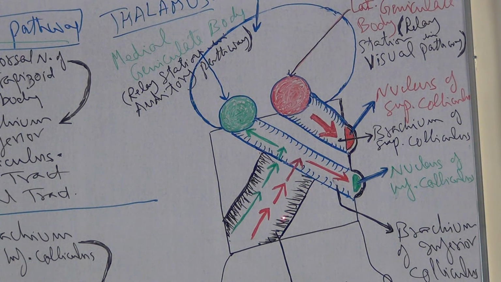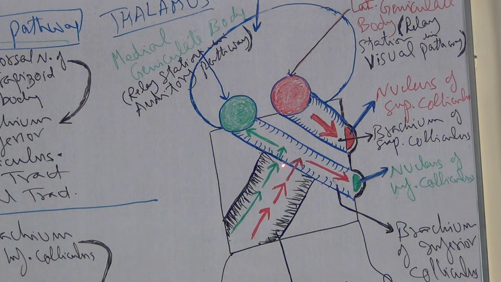Internally, the lateral lemniscus comprises two types of fibers. Number one, the fibers for the auditory pathway, and the other, the fibers for the auditory reflex pathway. These fibers enter the brachium of inferior colliculus. Now what is the internal structure of the brachium of inferior colliculus and how does it differ from the internal structure of the brachium of superior colliculus?